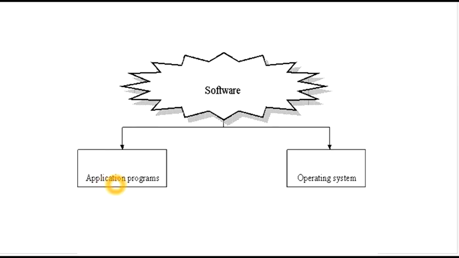Examples of application programs: Word, Excel, Paint. Examples of operating systems: DOS, Windows, Linux.